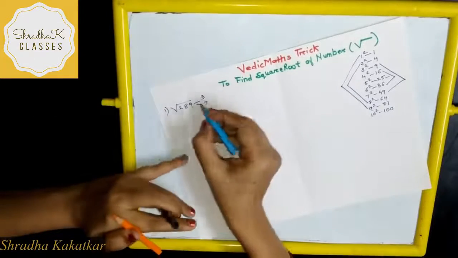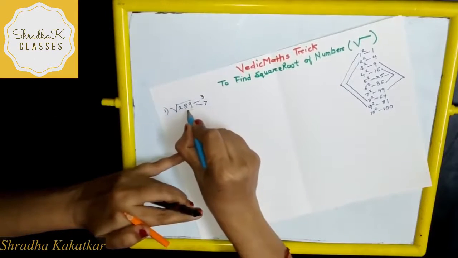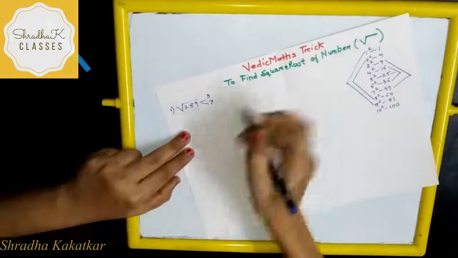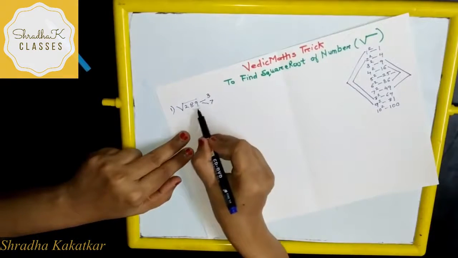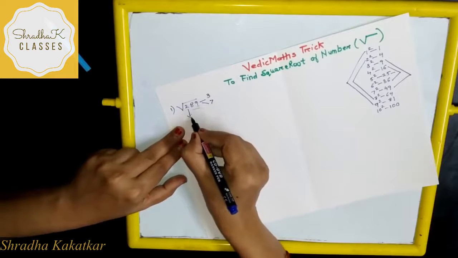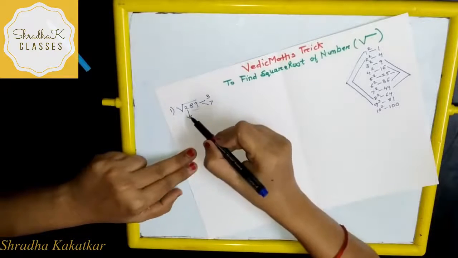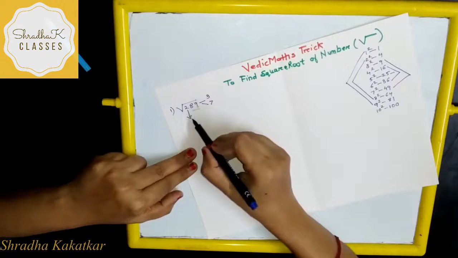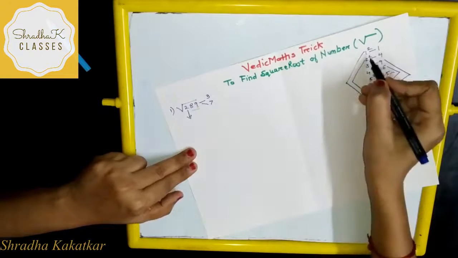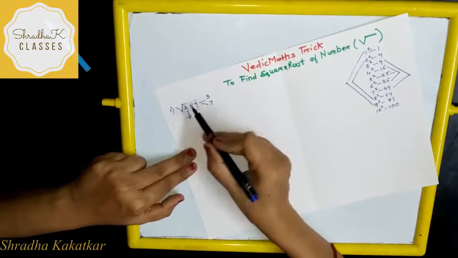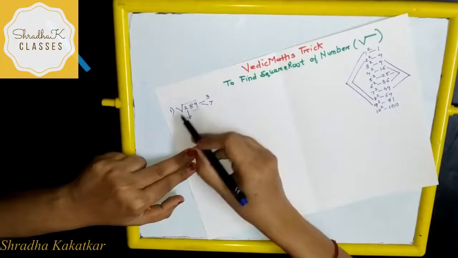Second step is, leave 2 digits. Because we are finding the square root, leave 2 digits and jump to the third digit, so this 2. Now you have to find the square of which number is less than 2 and the square of which number is greater than 2.